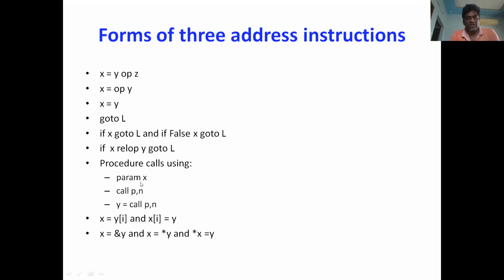You can specify the parameters followed by the call, or you can use call followed by the list of parameters, or it can be like this: an assignment operation followed by a call to a procedure along with the parameters. And you can use x is equal to y of i for arrays, or something like this: x of i is equal to y also, as valid notations for arrays.